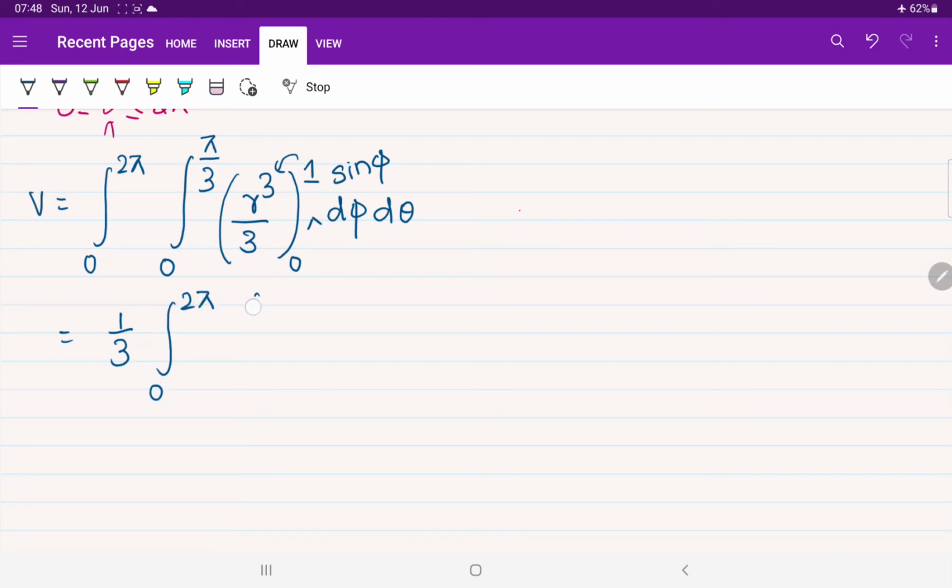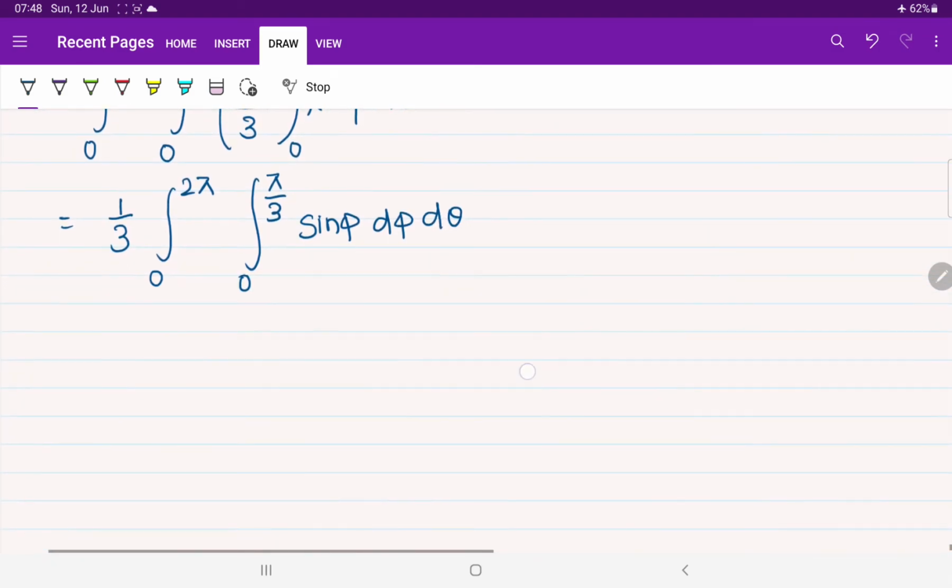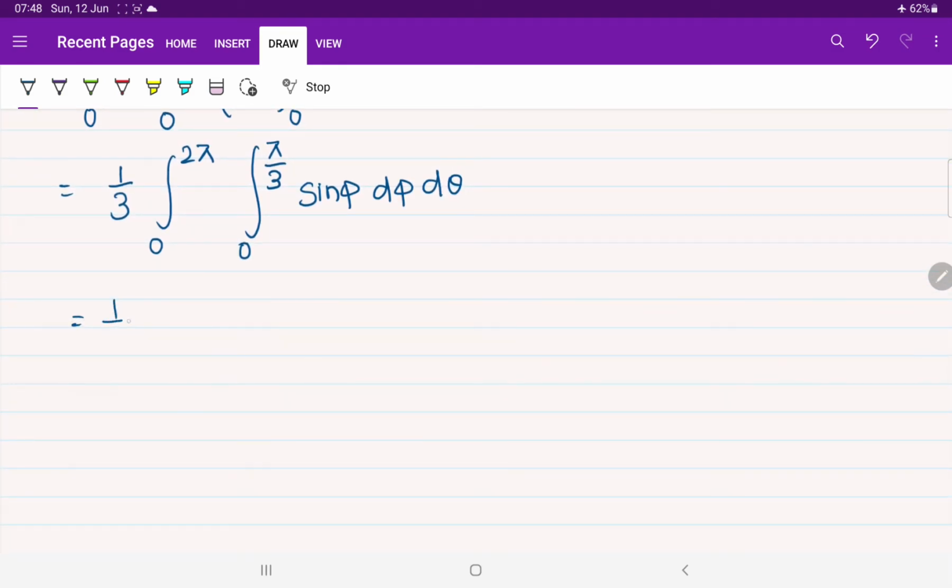0 to 2 pi, and the second one is going to be 0 to pi by 3. Now tell me, if we integrate sin phi with respect to d phi, what will we get? Let me write the function first for your understanding: sin phi d phi d theta. In the next step, let me keep 1 by 3 as it is, 0 to 2 pi. If we integrate sin phi with respect to d phi, this will give minus cos phi, with limits 0 to pi by 3.